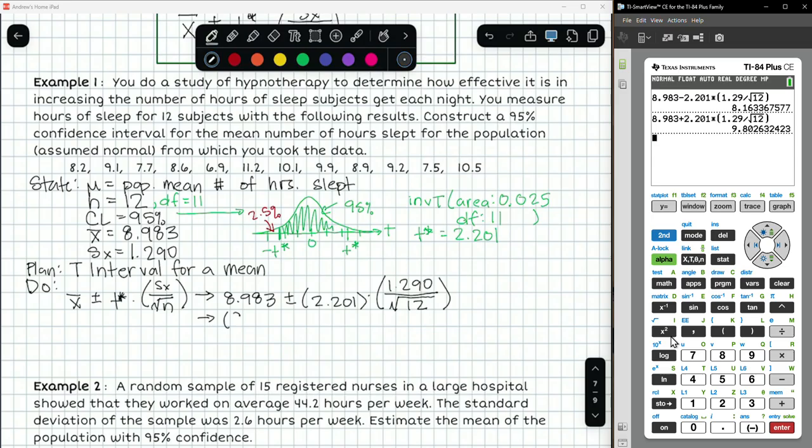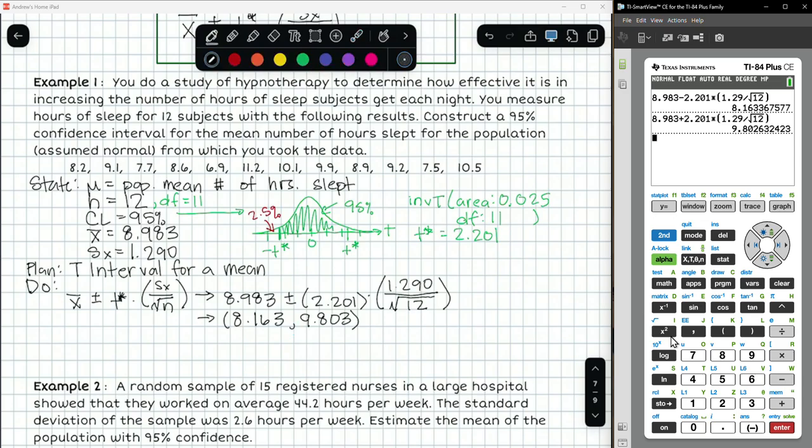So we have from 8.163 to 9.803. And that makes sense because that 8.98 is sitting right in between there.